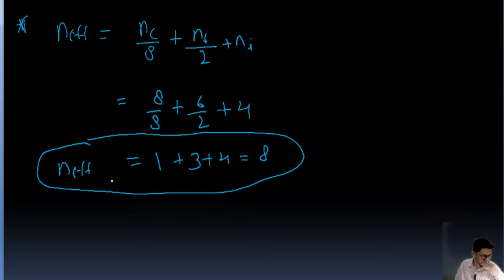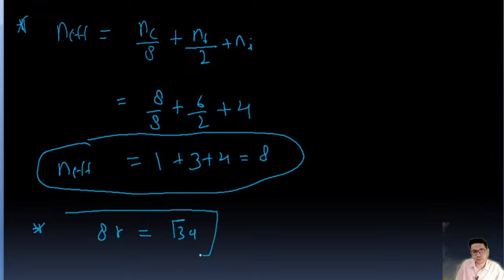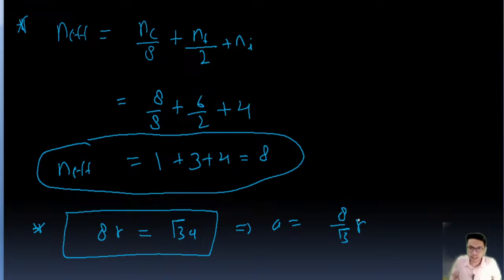Next, and here it's a very important one, for the diamond structure, 8R equal to root 3a, okay. From here we can get the value of a is equal to 8R upon root 3, okay.